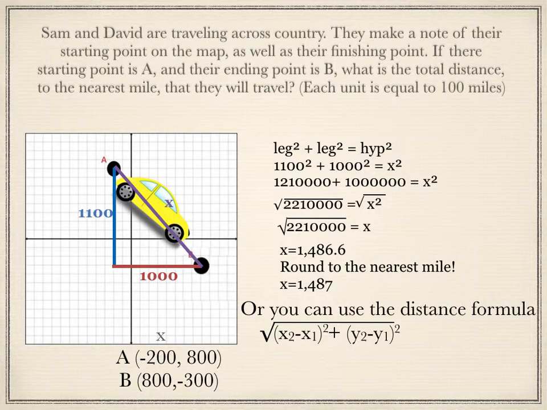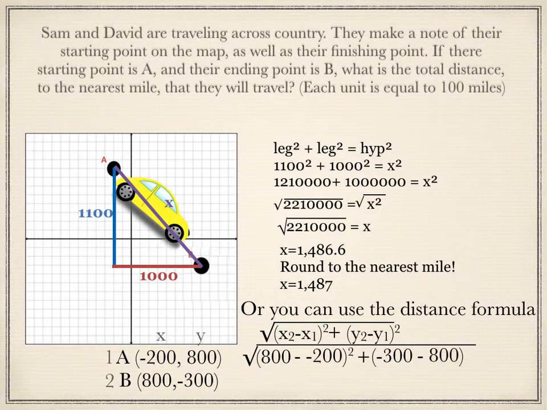Then we plug in. I like to use kind of a Punnett square approach, if you've heard of Punnett squares in science. You take your x's and your y's, and then column, row 1 and row 2. Then we find our x2: if you follow the column for x and the row for 2, we get 800 minus x1, which is negative 200, squared, plus y2, which is negative 300, minus y1, which is 800, squared.